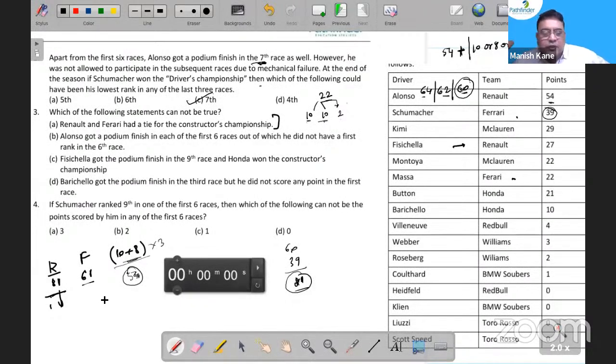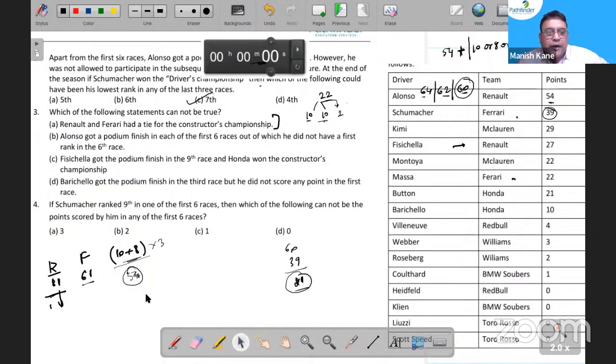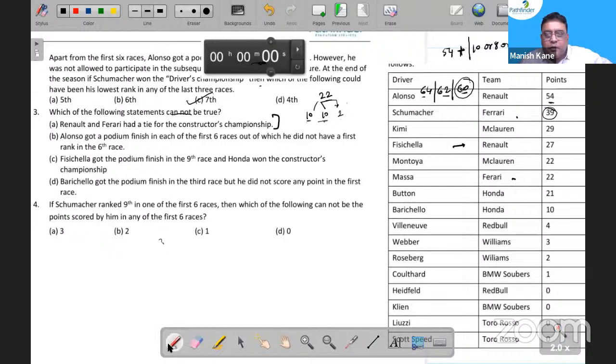But my question is, can they have a tie for the constructor? See, point A is, you are asked the question, which of the following cannot be true? I am trying to see whether this particular point can be true or not true. So which tells me that Ferrari basically has 61 points, and Renault has 81 points.